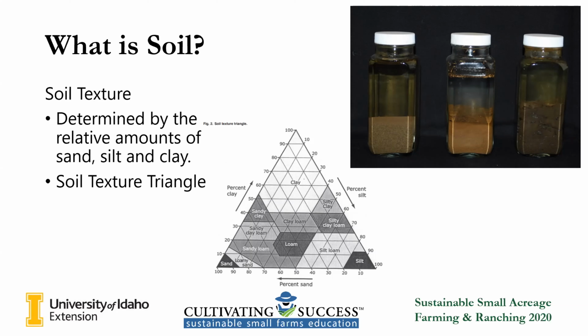And using a soil triangle, then you can determine the texture based on those percentages of sand, silt, and clay. And in some cases, you can just take a jar of your soil and shake that up with water in it, let it settle out, and you can sort of see in the image on this slide the separation, particularly in the bottle on the left, of the sand in the bottom and the finer particles on top.